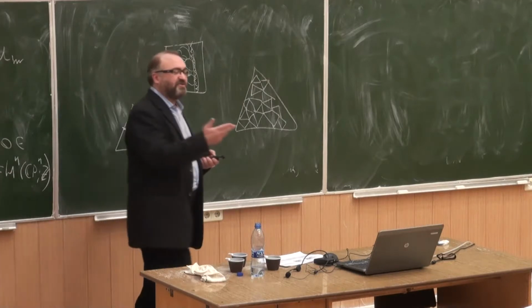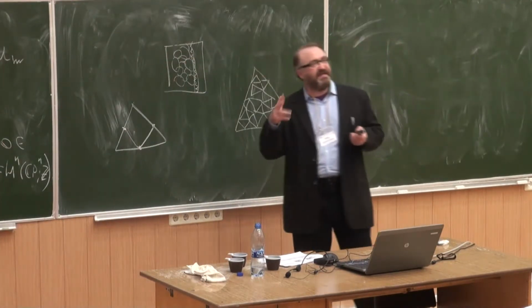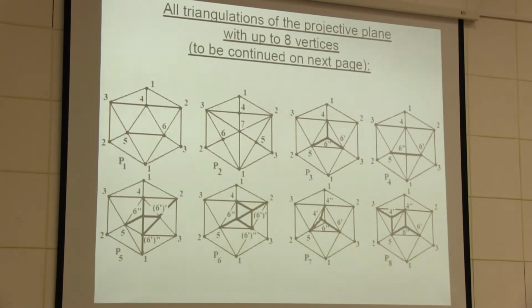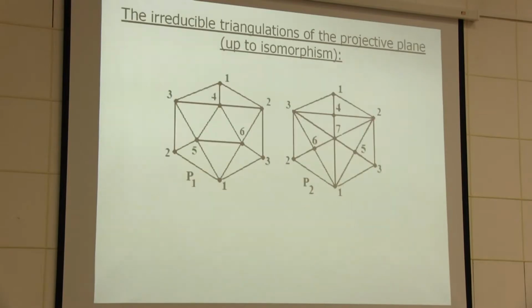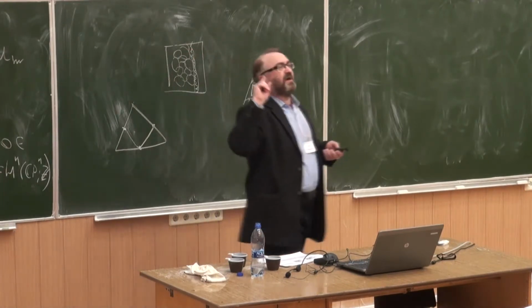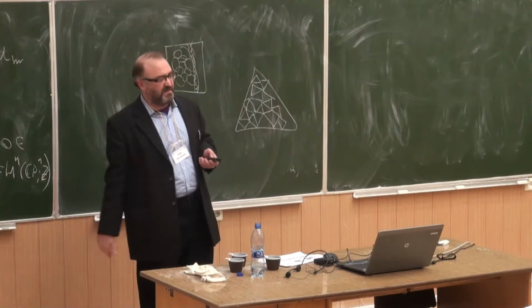So we start with these two irreducible triangulations of the projective plane that Barnette found in 1982. The one on the left has just K6 in the projective plane, and the one on the right has 7 vertices. Then, by splitting some of the vertices of these two irreducible triangulations, we obtain the list of all combinatorial types of triangulation of the projective plane with up to 8 vertices.